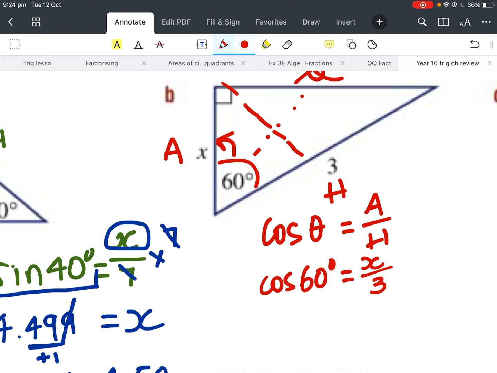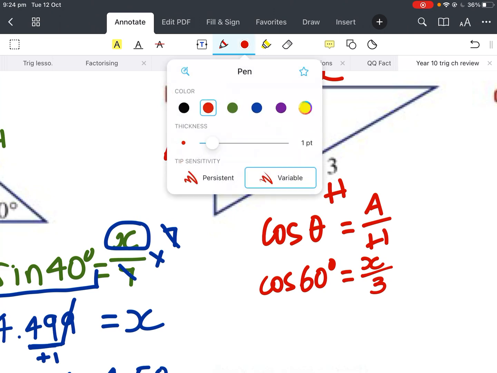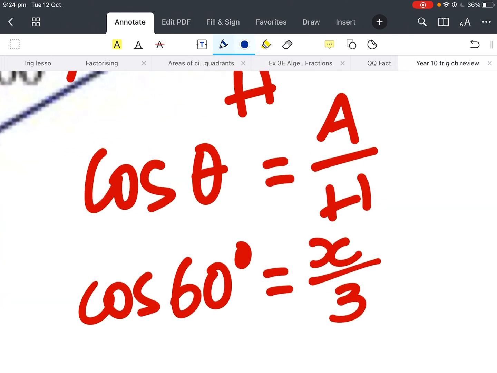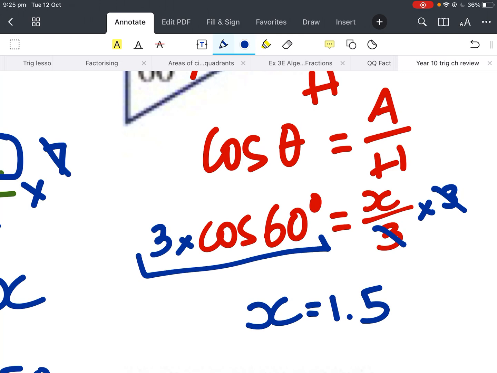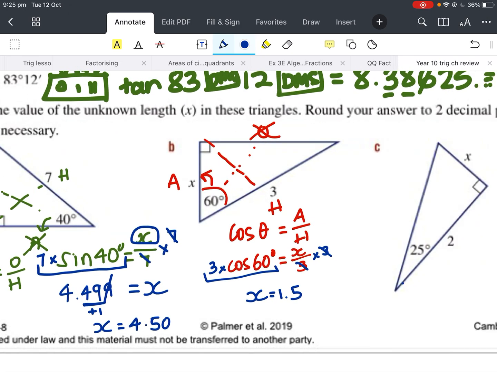Let's get the X on its own by getting rid of the 3. So the opposite of dividing by 3 is to times by 3. So do this on our calculator to work out what X is. 3 times cos 60 equals 1.5. Beautiful. We're done.